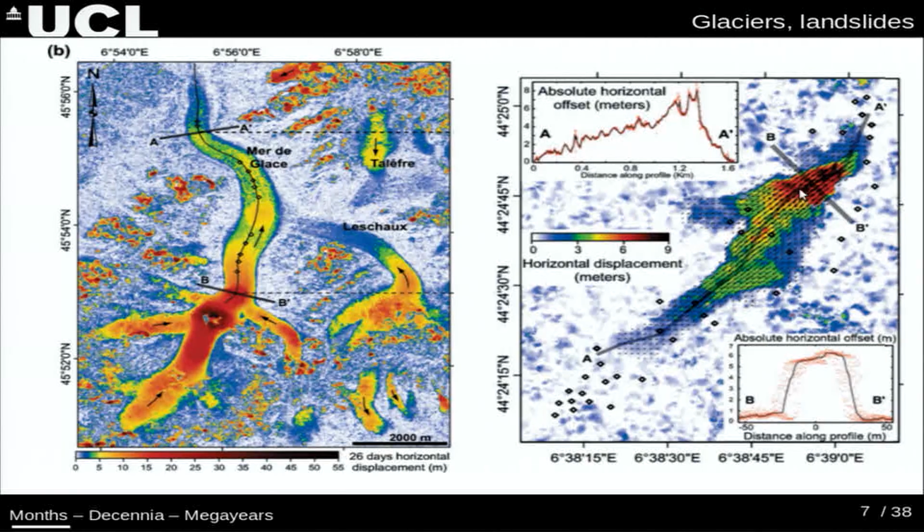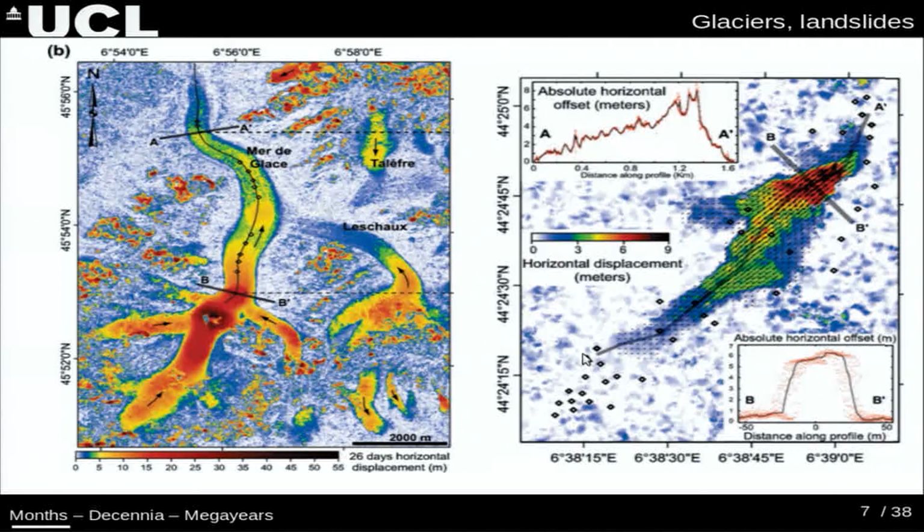On the right hand side is an application of COSI-Corr to a landslide, a slow-moving mass of rocks that is sliding down another slope in the French Alps, a landslide that had long been monitored by expensive GPS stations shown as circles.